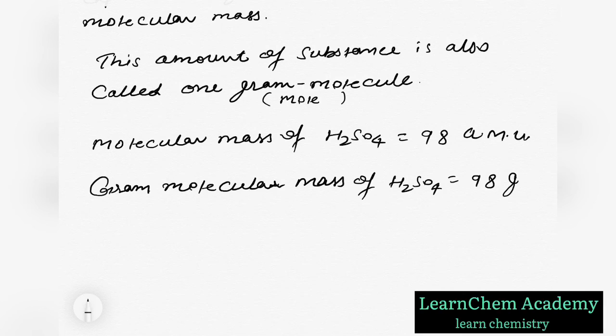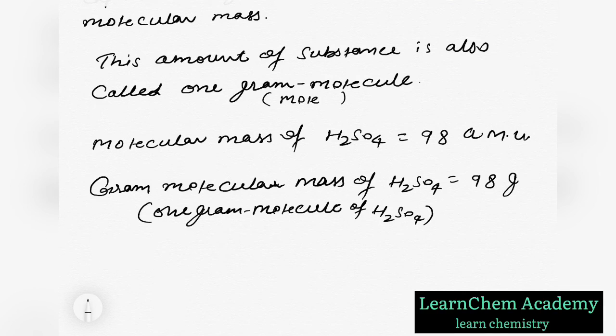We simply expressed it in grams, and this is 1 gram molecule of H2SO4. So this is the gram molecular mass, which is very simple to calculate.